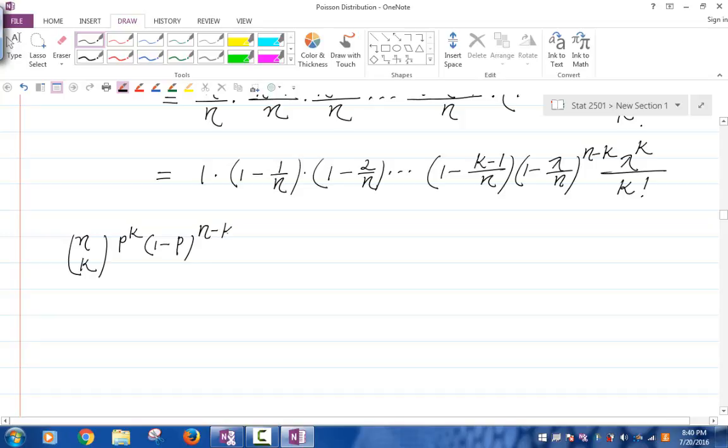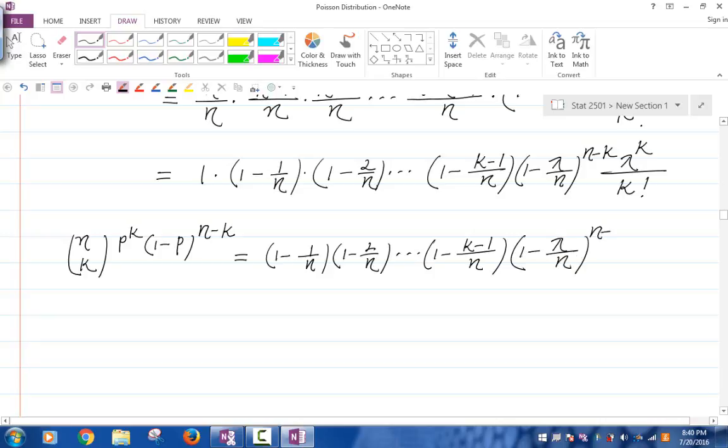That's the PMF of the binomial distribution evaluated at k, and what we obtained is that this is equal to 1 minus 1 over n, 1 minus 2 over n, dot dot dot, 1 minus k minus 1 over n, times 1 minus lambda over n to the n minus k, times lambda to the k over k factorial.